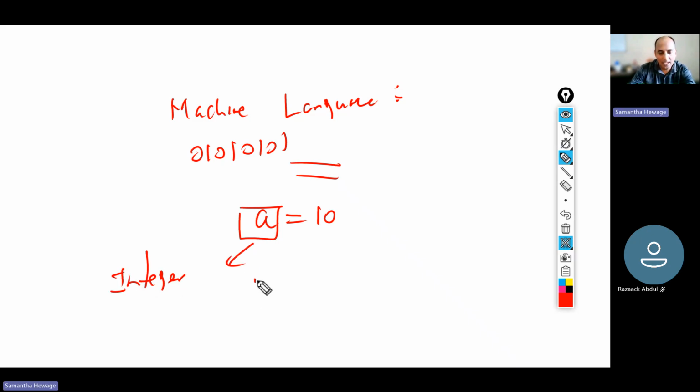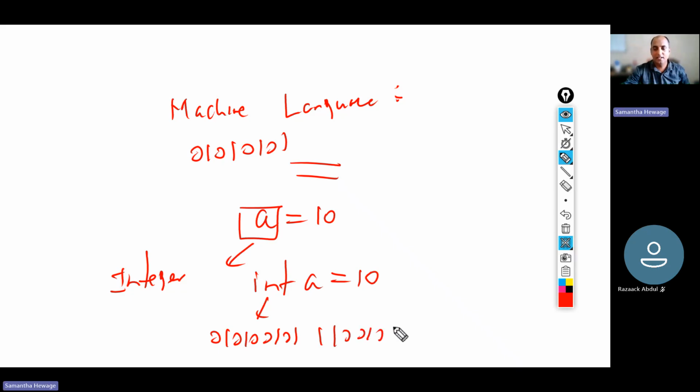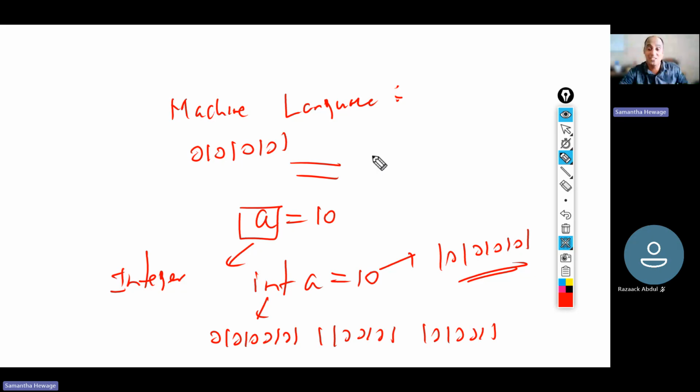Let's say int a = 10, for example. This int, you have to represent in binary values like this. Int is this, a is like this, then equal is like this. Each and every character or symbol has to have some predefined bit pattern. We say a bit pattern.